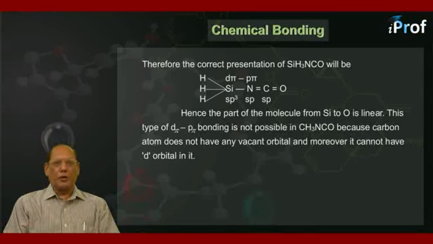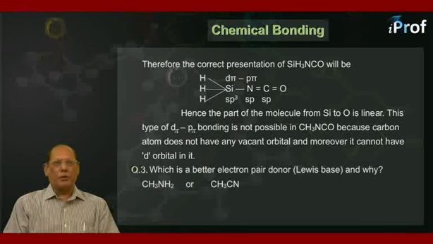Hence, the part of the molecule from silicon to oxygen is linear. This type of d-pi-p-pi bonding is not possible in CH3NCO because the carbon atom does not have any vacant orbital, and moreover, it cannot have a d orbital in it.